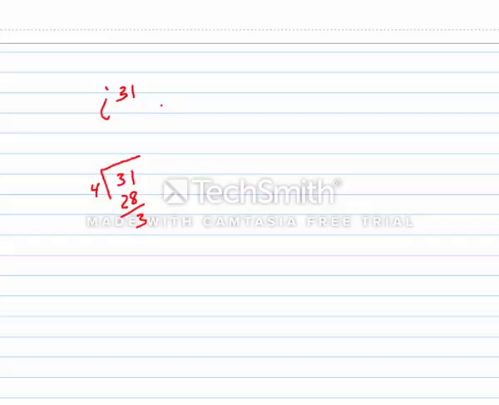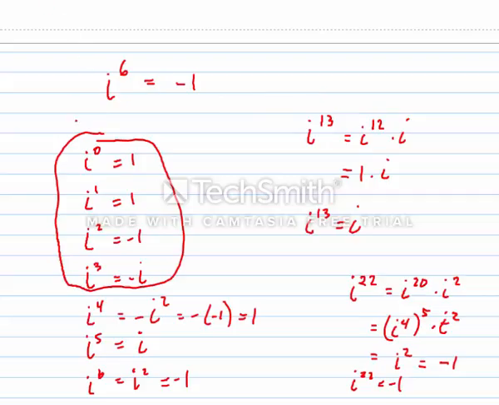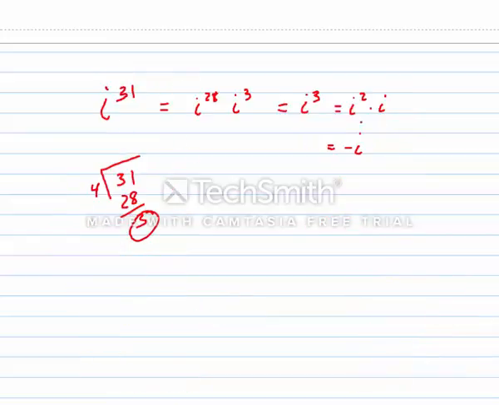So it basically reduces to i to the 3 times i to the 28. i to the 28 is a multiple of 4, so that's just equal to i cubed, which is i squared times i, which is just equal to a minus i. So you can just get the remainder and then go back a slide. If the remainder is a 3, then you get minus i. Just reduce the remainders. So since you got 3 left, you get a minus i.